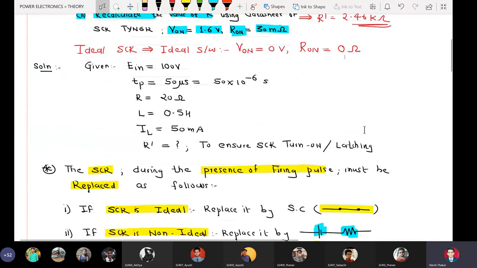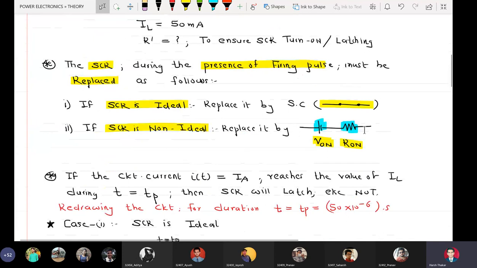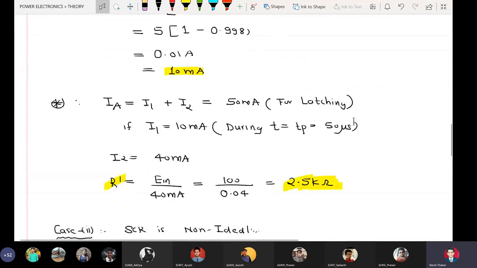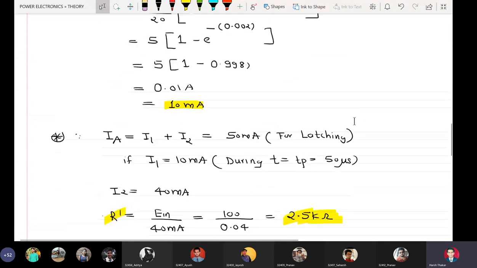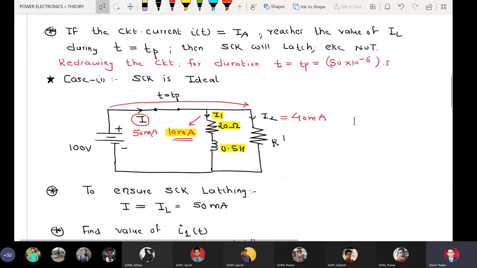So I have made a statement here that if you are solving a numerical with non-ideal SCR, then when the SCR is assumed to be conducting or latched, you have to replace the SCR not with a short circuit but with a series combination of a battery source V on and R on. So that is what we have done in part B. In the previous case, I had replaced the SCR with a short circuit.